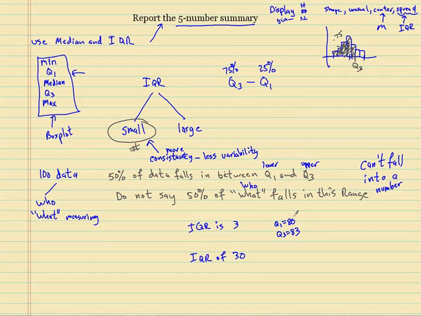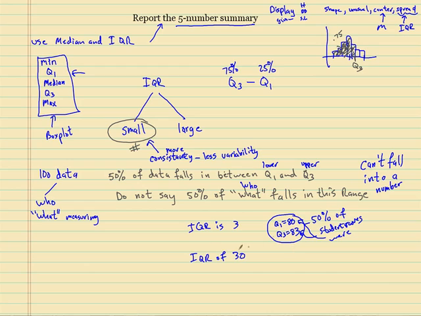So what does this mean? This means that 50% of student scores were between 80 and 83. That's pretty good. That means half your scores are only 3 apart.